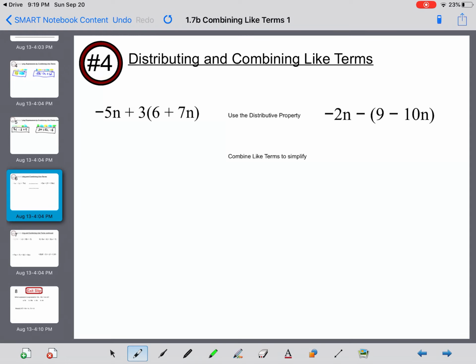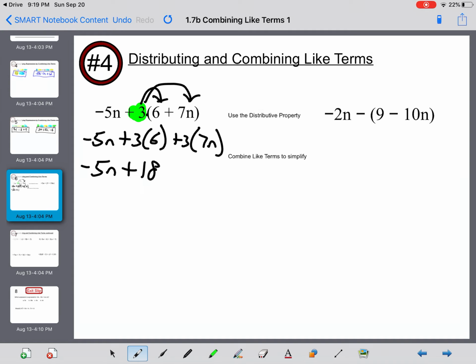Now they're asking you to use the distributive property and then combine like terms. I see two numbers outside of the parentheses here. You take the one closest to the parentheses, which would be the 3 times right here. Draw your arrows. So we get negative 5n plus 3 times 6 plus 3 times 7n.